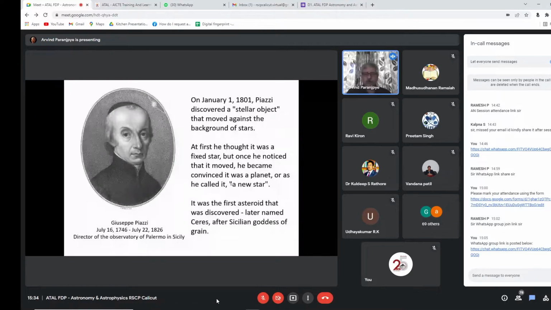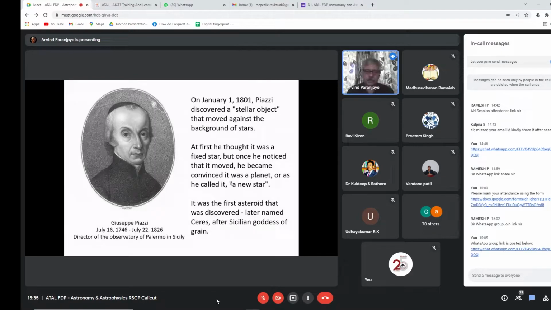Now today we know, or soon after that era people knew, that this object which Giuseppe Piazzi had found was not actually a planet. It was not bright. It was discovered using a telescope. It was rather too faint, and they called it an asteroid.